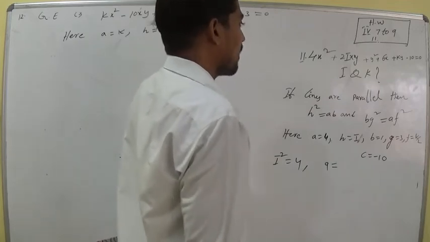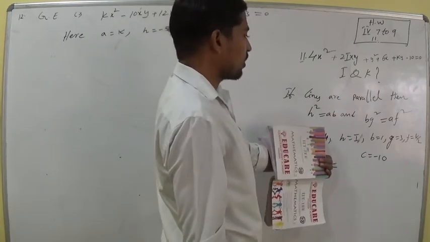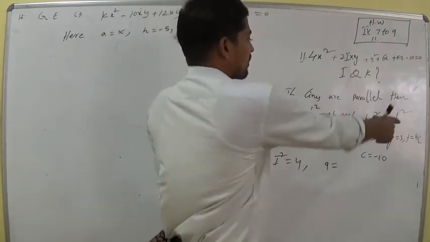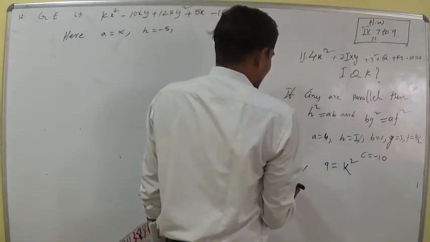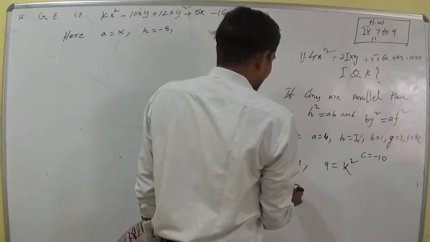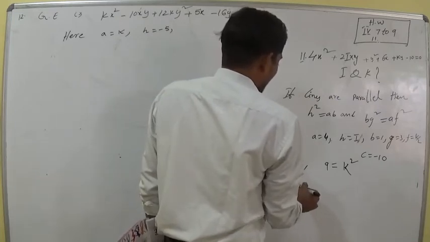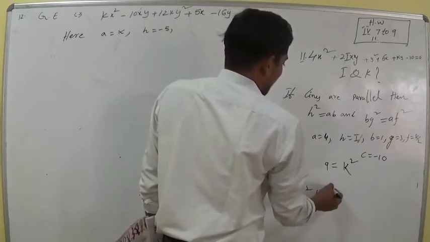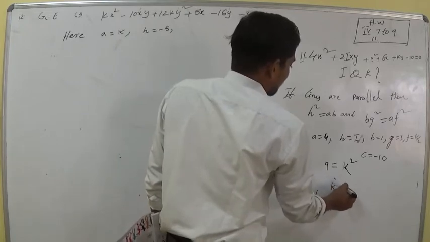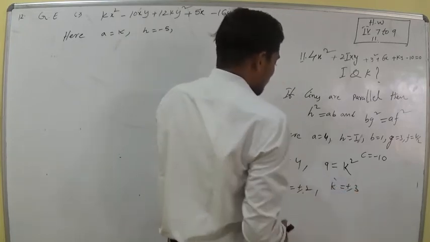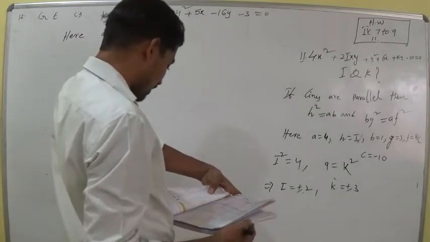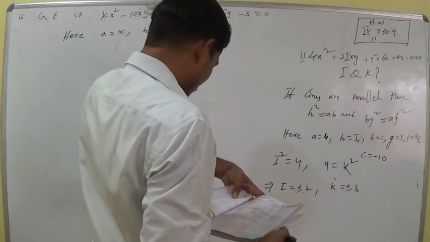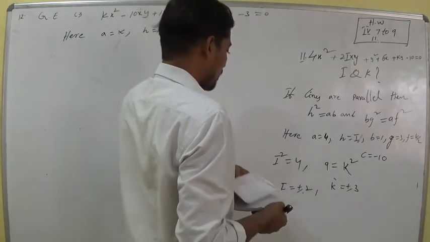And af square: a is 4, f square is k square by 4, which becomes k square. So i is equal to plus or minus 2 and k is equal to plus or minus 3.